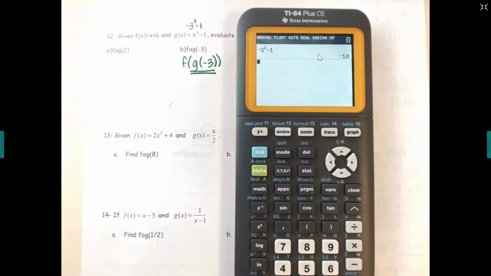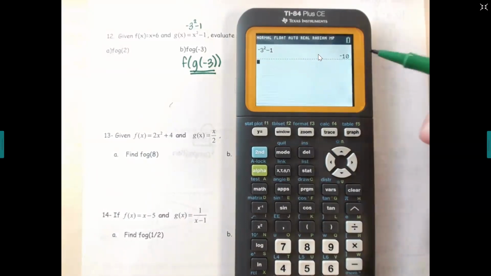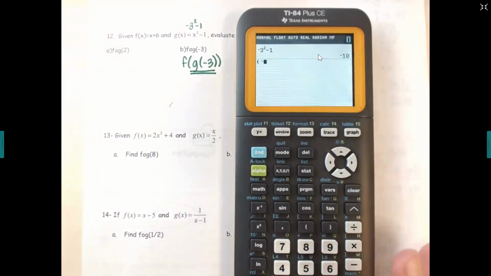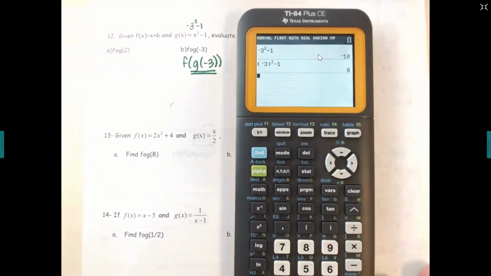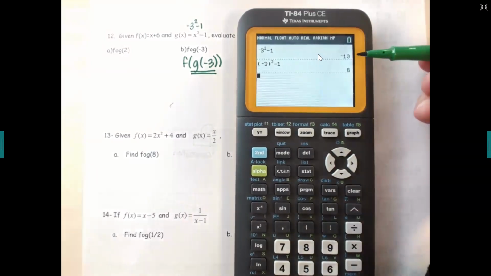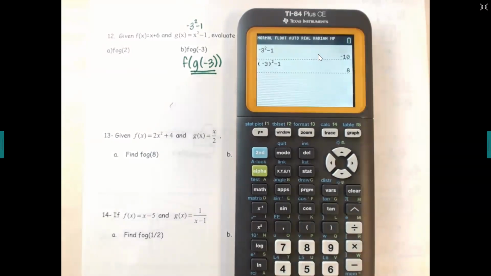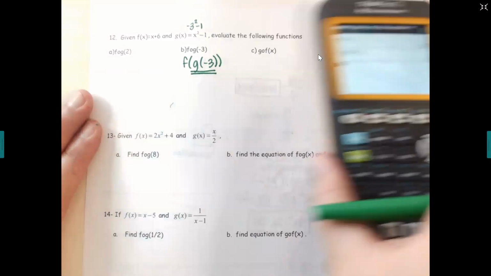Positive 9. Take away 1, the answer should be 8. How can I fix this? Do you see the difference? This is wrong. So don't do that on the test. If the calculator is going to mess you up, you have to use parentheses if the base of the exponent is negative. So it should be an 8.